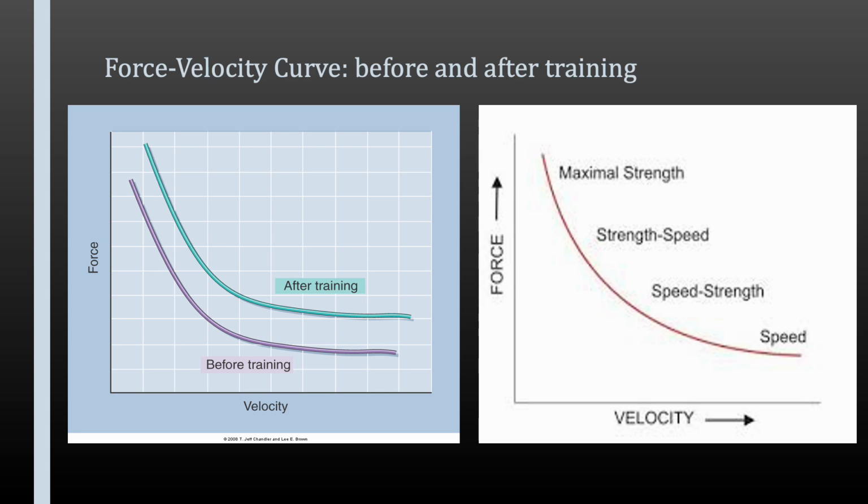So you need to be able to train at every marker: maximal strength, strength-speed, speed-strength, speed, in order to enhance power. You must note that in order to be powerful, you must be strong first.